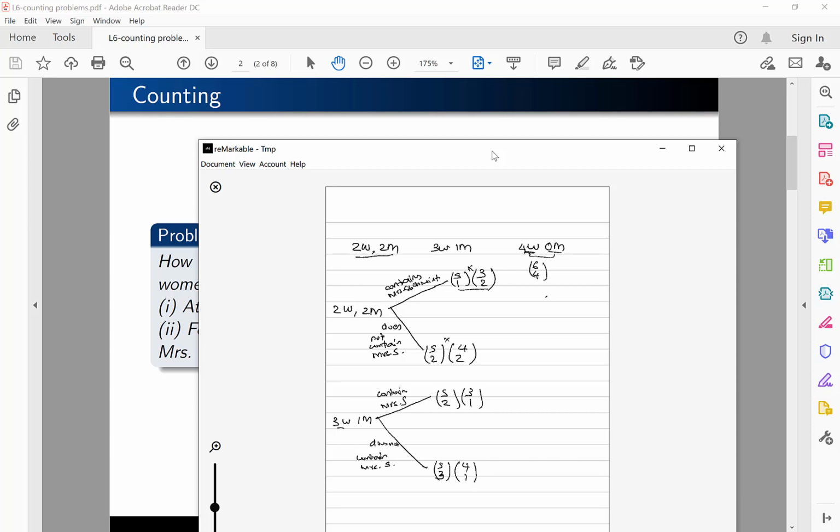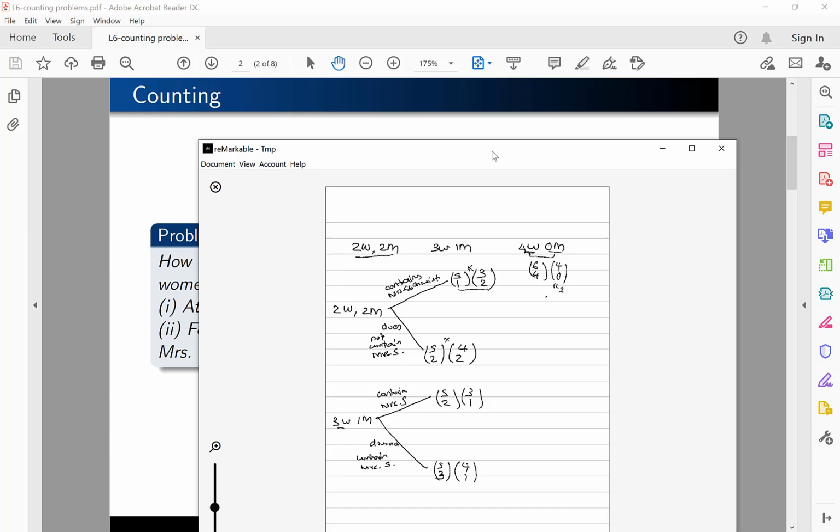We're not choosing a man, we're choosing 4 women out of 6, and 4 choose 0 is going to be 1 in any case. So these are all of the possibilities and we need to add them up.